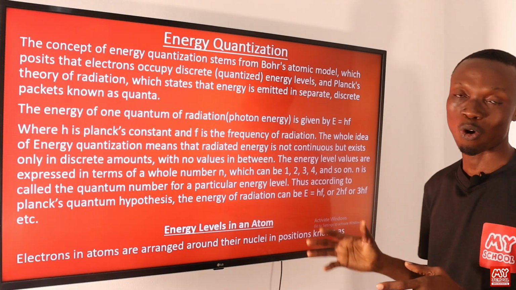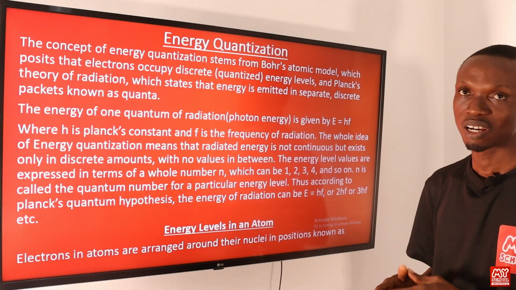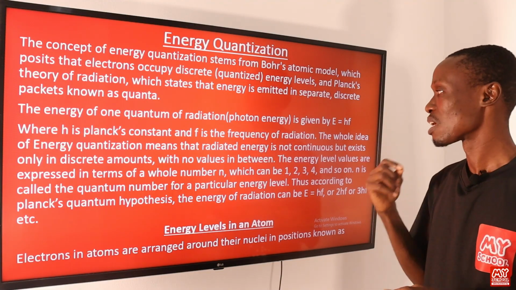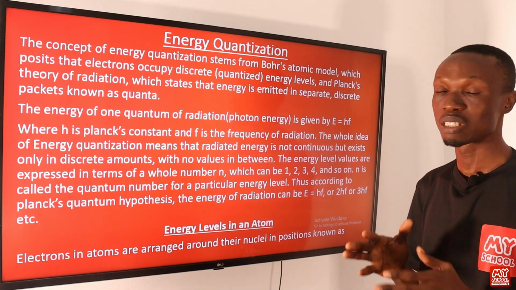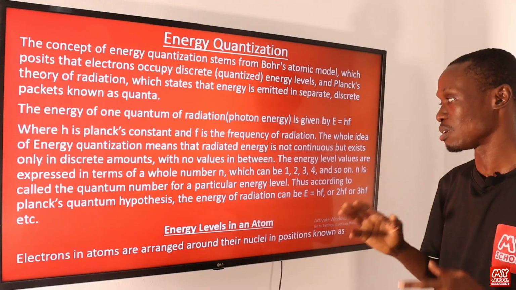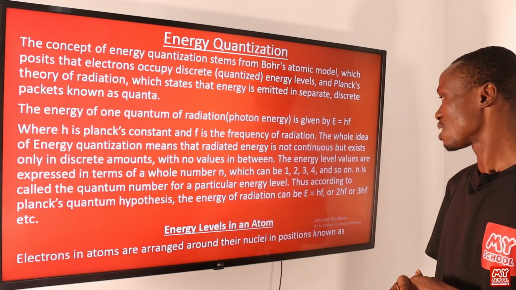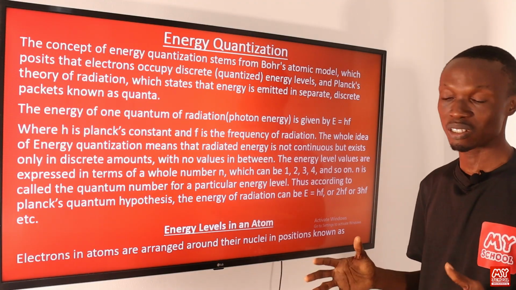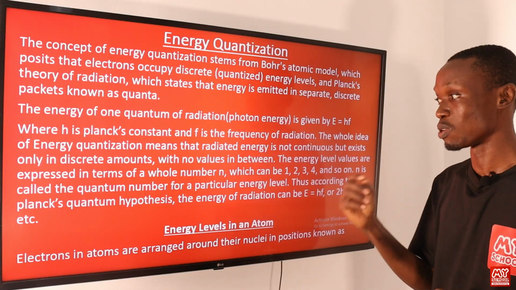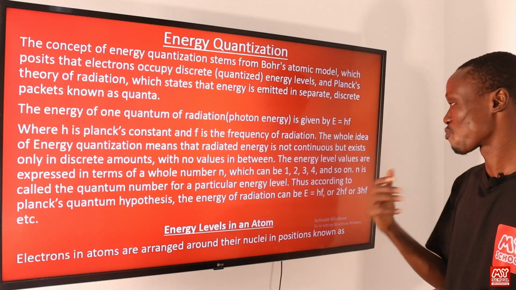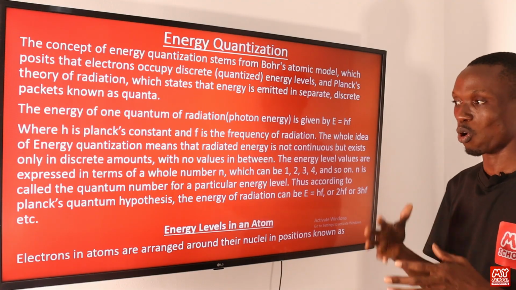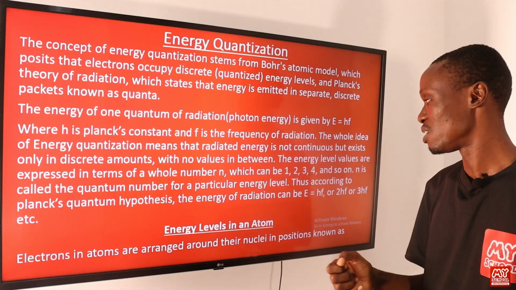The whole idea of energy quantization means that radiated energy is not continuous but exists only in discrete amounts with no values in between. The energy level values are expressed in terms of whole numbers, represented with the letter n, which can be 1, 2, 3, 4, and so on. n is called the quantum number for a particular energy level.